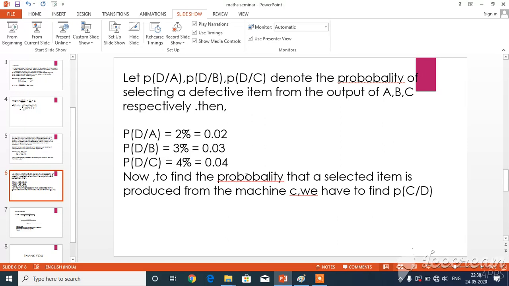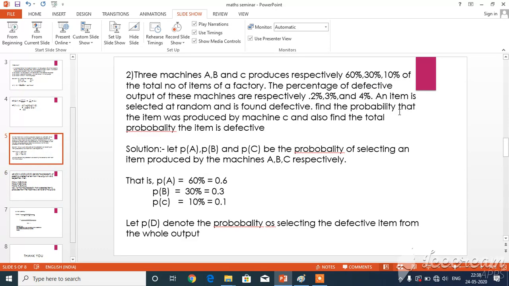Now, to find the probability that a selected item was produced by machine C, we look at what the question asks. We already know D given C, so they are not asking for that. They always ask for the opposite. We have to find C given D, and also find the total probability that an item is defective.